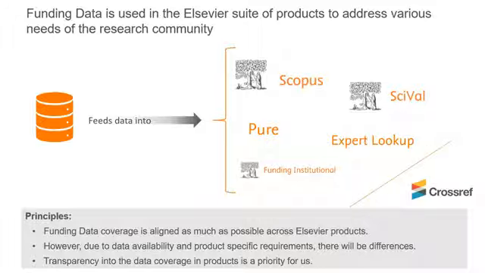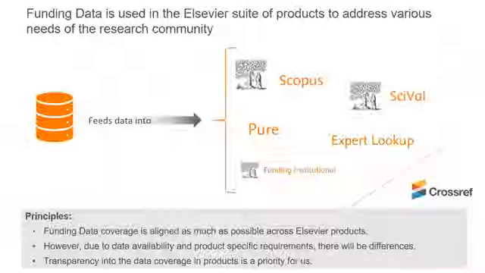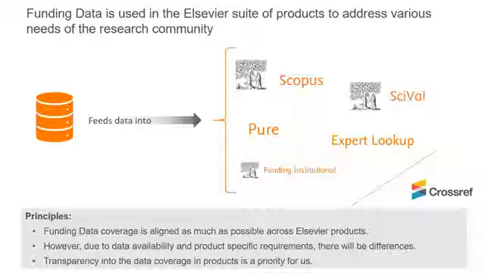And when it comes to the usage of funding data, be it opportunities or awarded grants, our aim is to have the data coverage as much as possible aligned across all Elsevier products, at least. But all these products are consuming the data from one single place, as you can see, the Elsevier funding database.